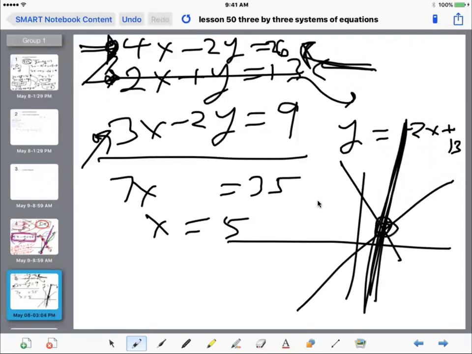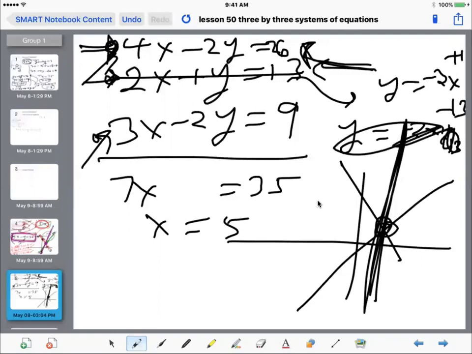And they all pass through the, oh, it was plus y. Wait. It was y equals 2x minus 13, sorry. Wait, it was 2x plus y, so y equals negative 2x plus 13.